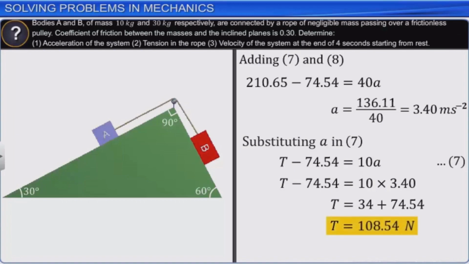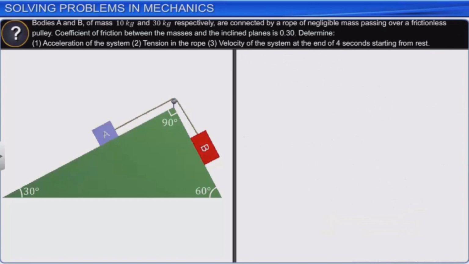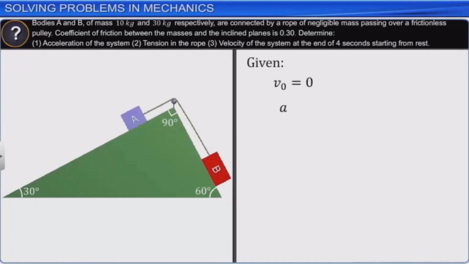Now, we need to find the velocity at the end of 4 seconds. Given that the initial velocity of the system, v0, is equal to 0, acceleration of the system, A, is 3.4 meters per second squared, and time t is 4 seconds.